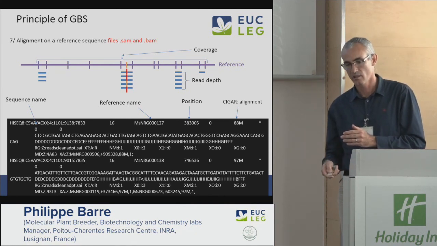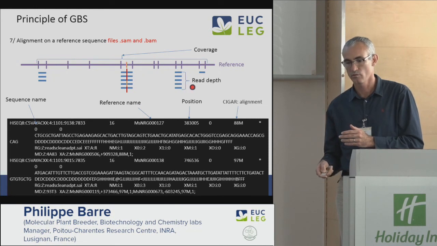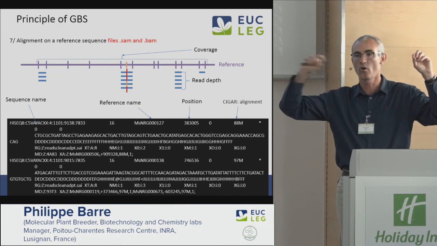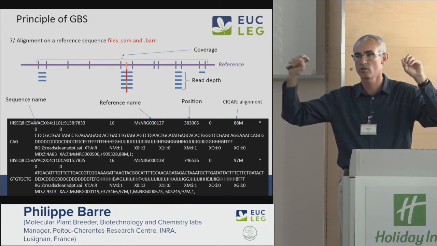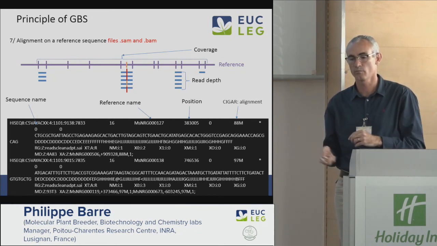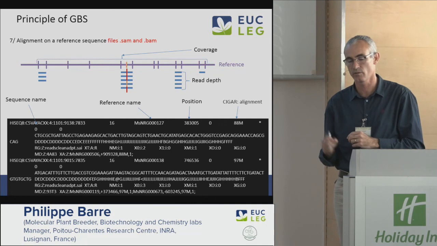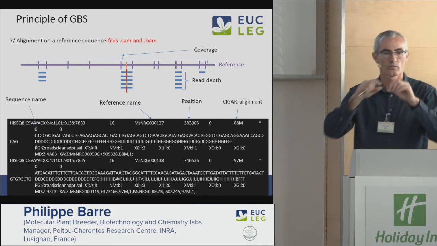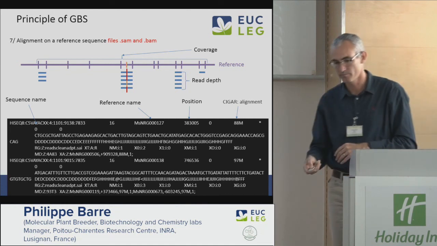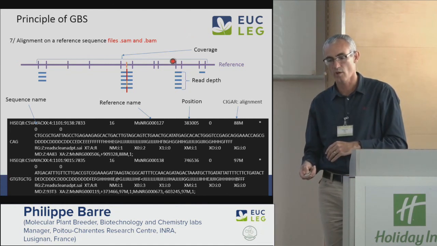That's what we call the read depth. And I put another word here, coverage. Coverage is when you look at where you have sequences along or across the genome. Often there is confusion between coverage and read depth. Coverage is along the genome, and read depth is how many reads you have at one locus.